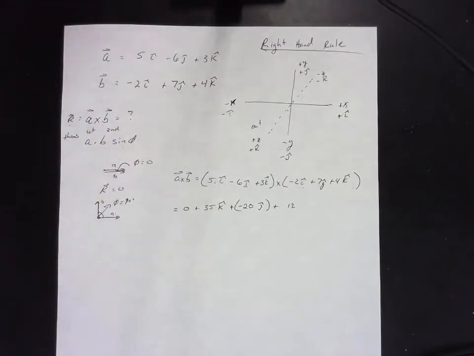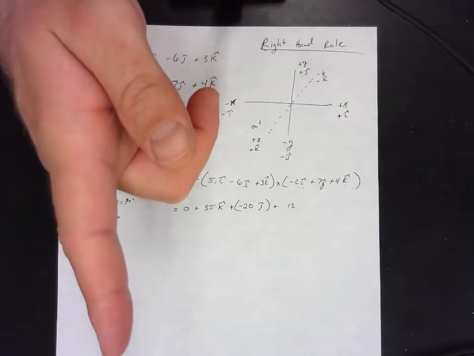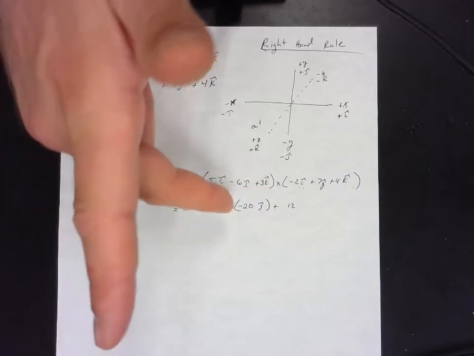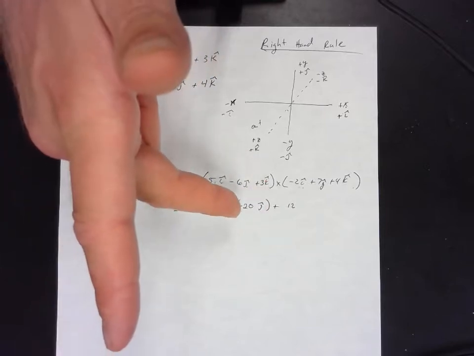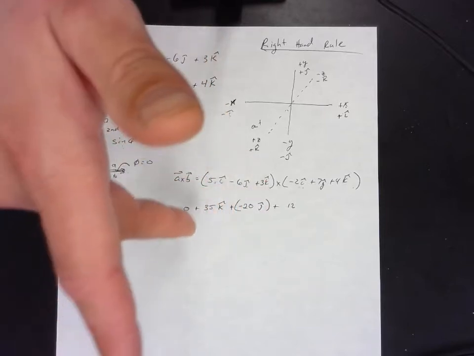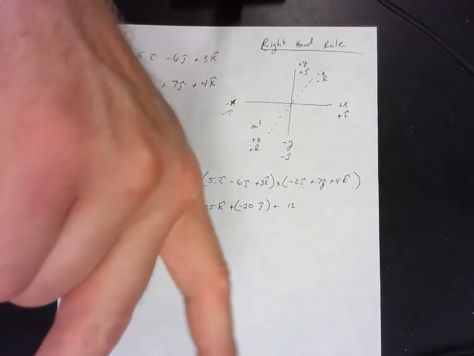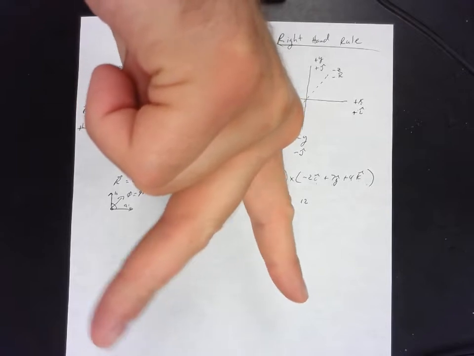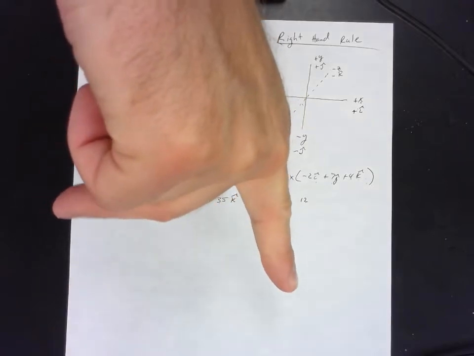So my negative J is this way, and again I'm locked in that orientation. I can only rotate, and I have to point my second finger in negative I. So I really have to turn my hand around, okay, so that my first vector is still down, and my second vector is pointing at negative I.